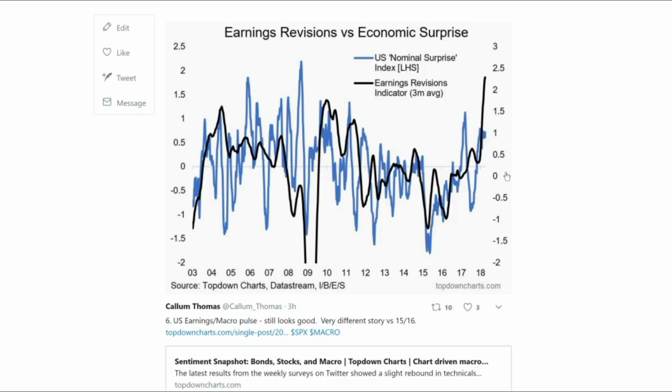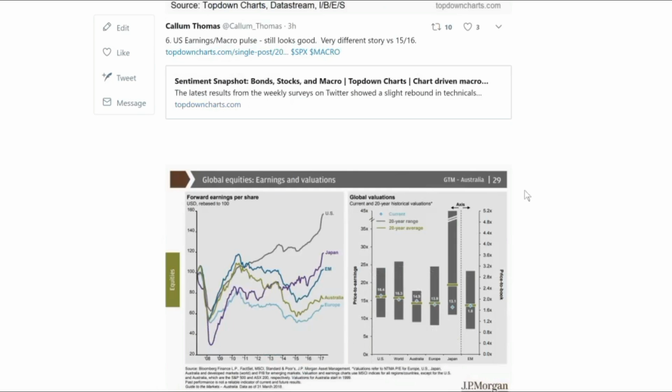And the US nominal surprise index, that's a combination of the economic surprise and inflation surprise, basically whether the inflation and economic data is coming in better or worse than expected, and it's on the positive side. So pretty much what we've got here is that the earnings macro pulse is still looking pretty decent, and again pretty much the opposite of what it was in 2015-16, where those two corrections were as much to do with concern about the growth outlook. Not so this time.